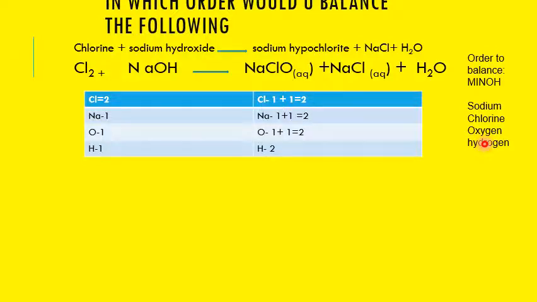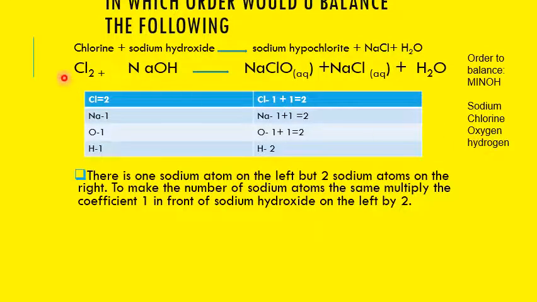So what's next? If we look at sodium, we have 1 sodium on the left. And then on the right-hand side, we have 1 plus 1 sodium, which gives us 2 sodiums. So we need to make the number of sodium atoms the same.